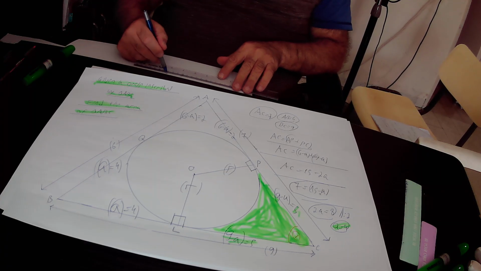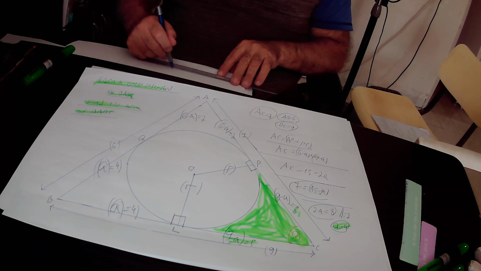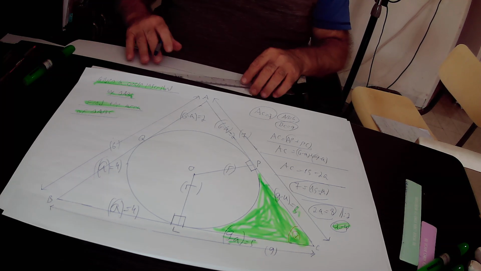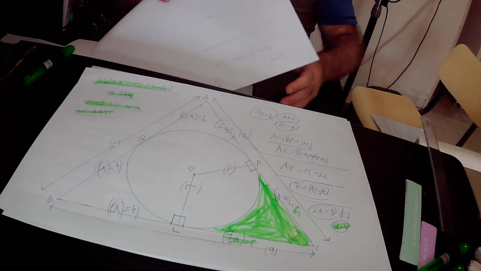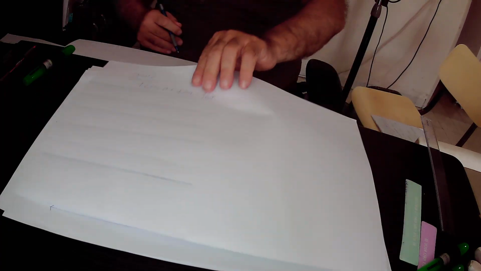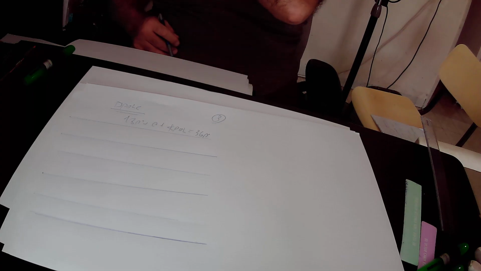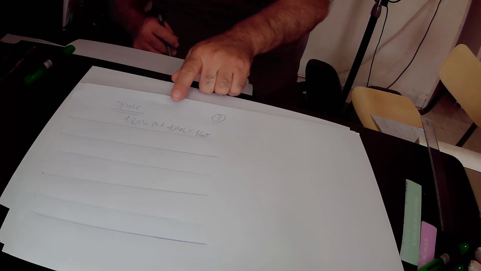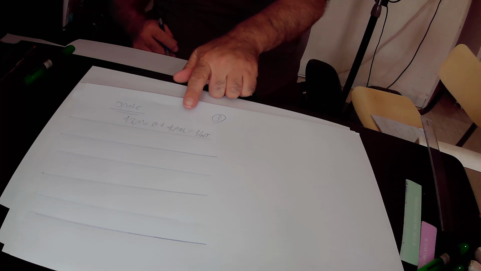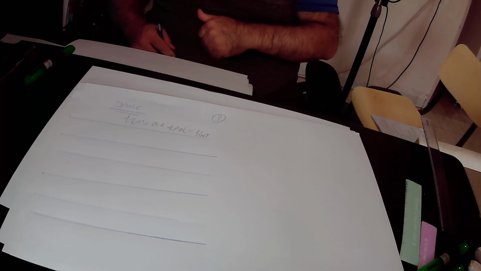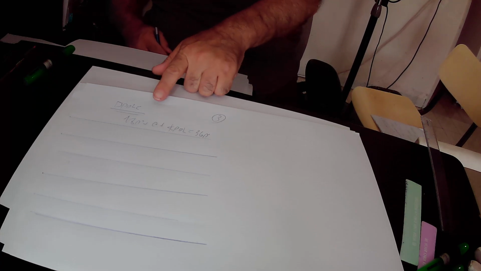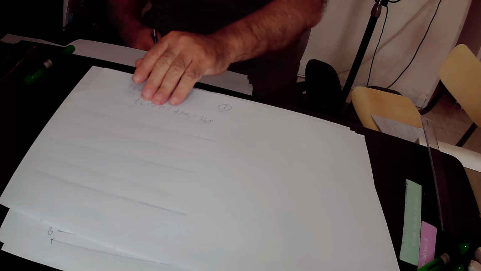The sum of the angles in quadrilateral POLC must be equal to 360 degrees, that is 180 degrees plus theta plus the missing angle POL equals 360 degrees. Here we subtract 180 degrees from this equation.